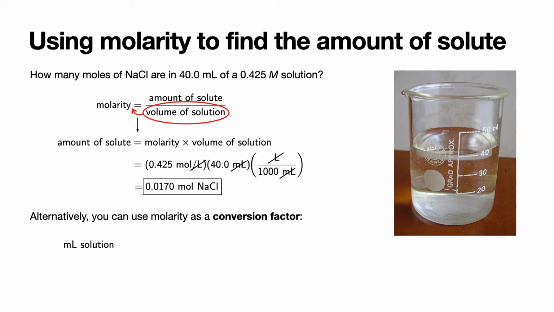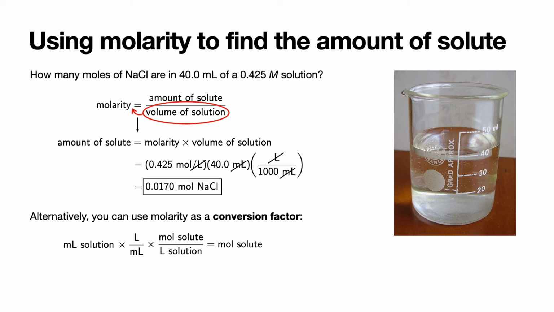Molarity will give us a way to convert from liters of solution to moles, and so we would want to convert from milliliters to liters using a conversion factor between liters and milliliters. And then once we have the number of liters, we would want to divide by liters and multiply by moles, and so we would use our molarity, moles of solute relating to the liters of solution. We'd use that as a conversion factor, and when we multiply all of this together, we will get the number of moles of our solute.